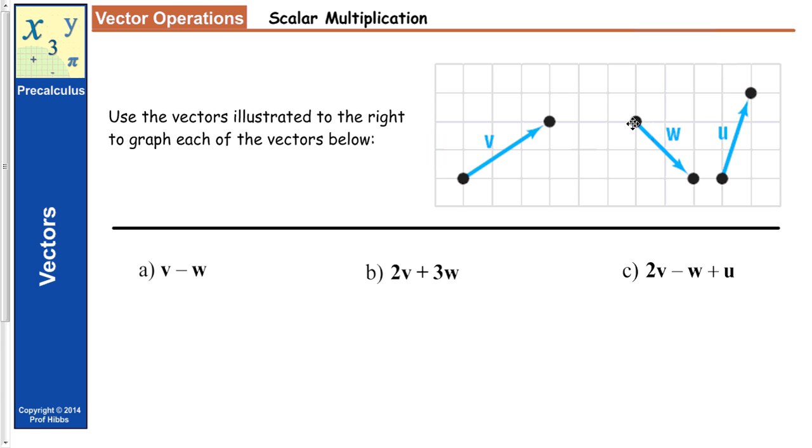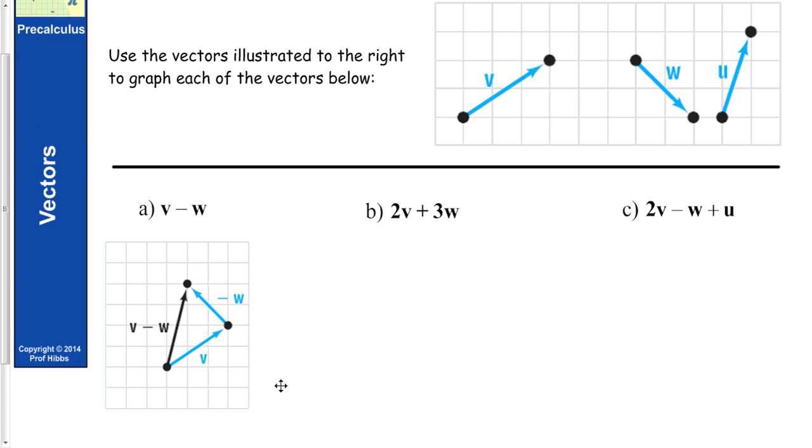Notice how w goes: we have 2 units horizontally to the right and 2 units vertically downward. So we could go 2 to the right and 2 downward, and then we could rewrite w over here. And then we would connect the endpoints, but let's see how I've done this. I did this a little differently here. I'd forgotten that.